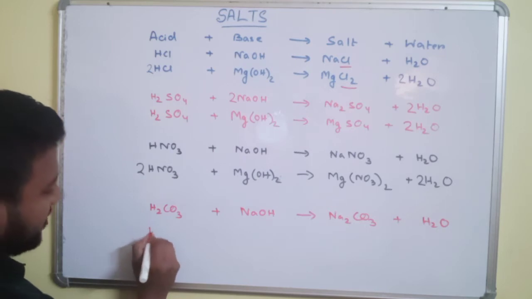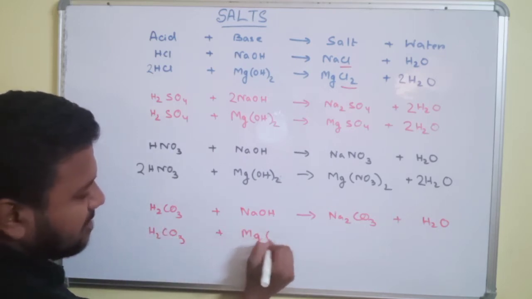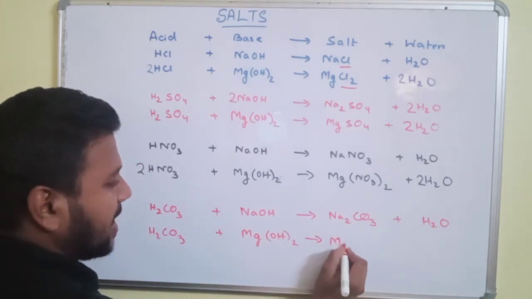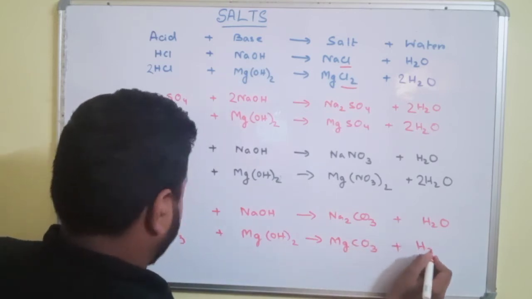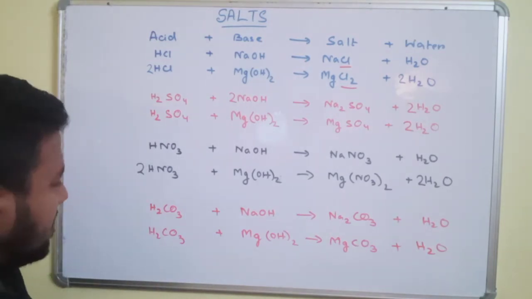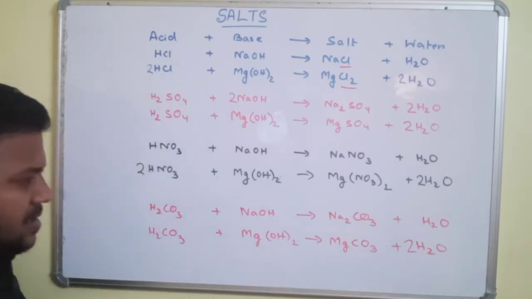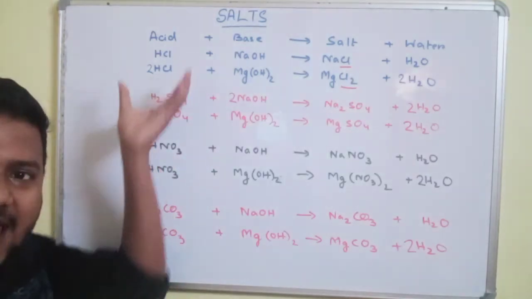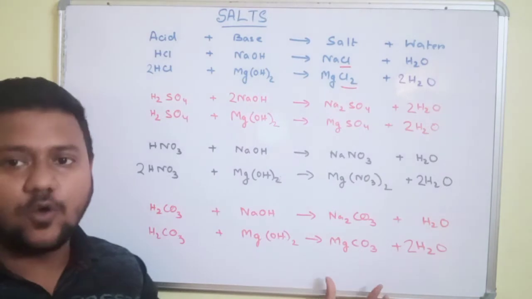Again if we take H2CO3 and react with Mg(OH)2, we see the formation of MgCO3 plus H2O. So very clearly we can observe that several acids react with bases to give salts.